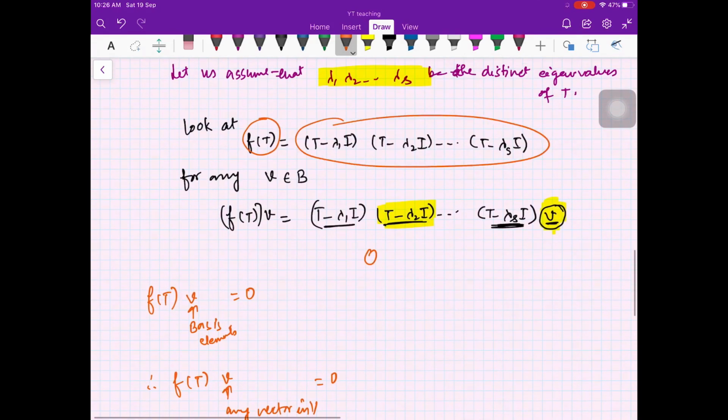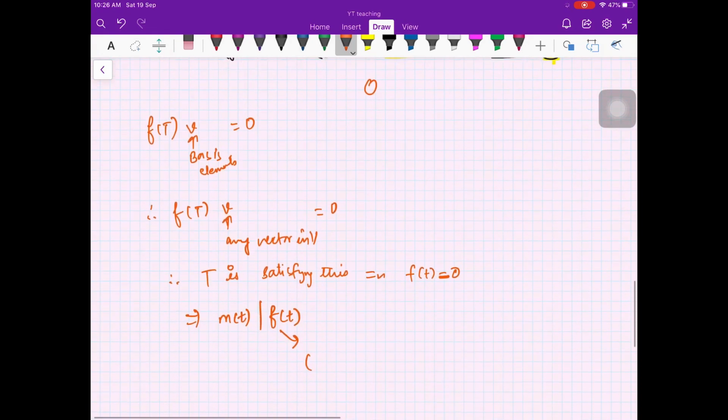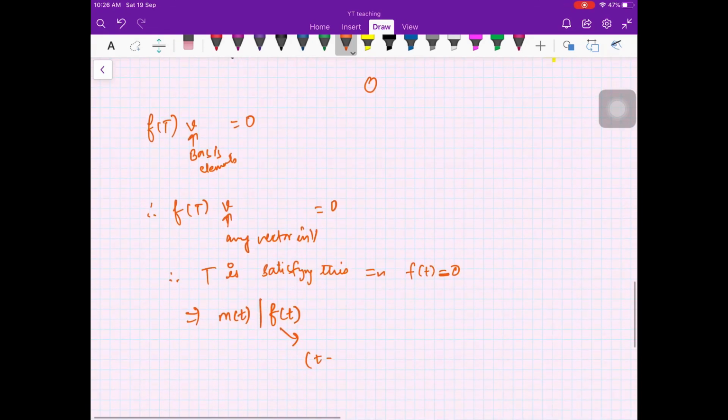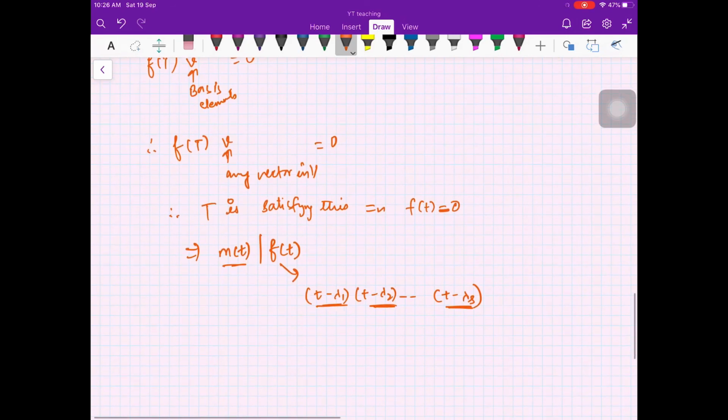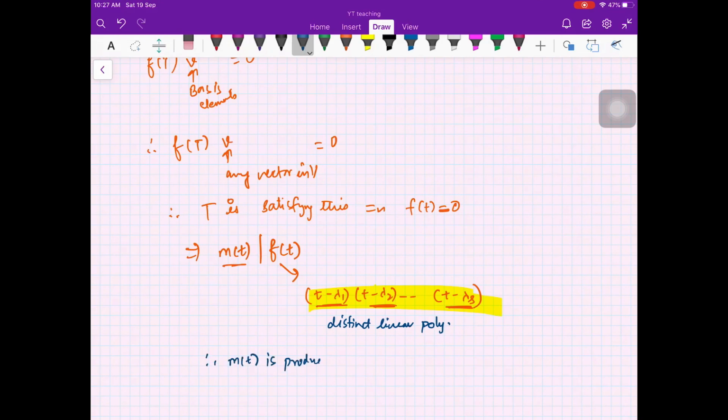Instead of capital T you will write small t and you will not write I. So you have (t minus lambda 1)(t minus lambda 2)...(t minus lambda s), and all these are distinct linear polynomials. Therefore, MT is a product of distinct linear polynomials.